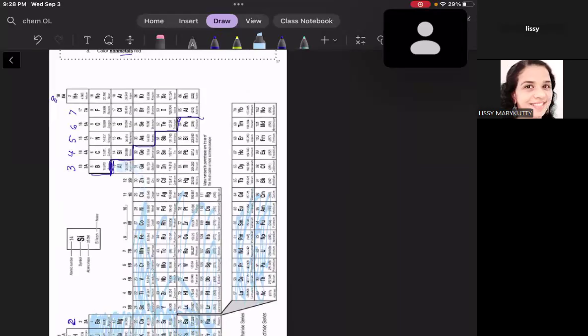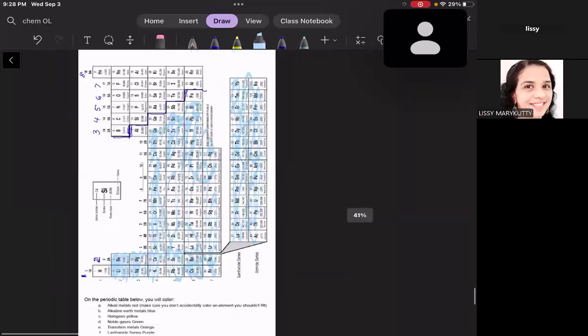So do not color hydrogen, okay? Okay, so we are done with the metals.